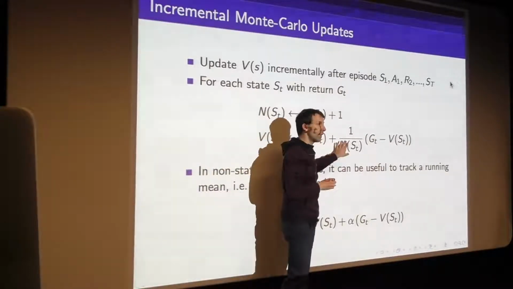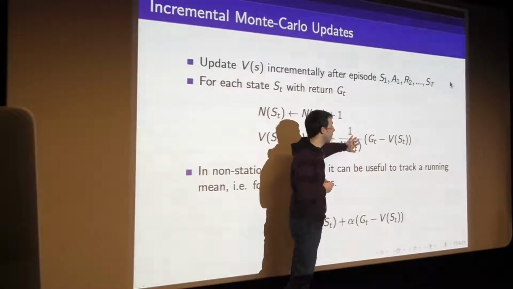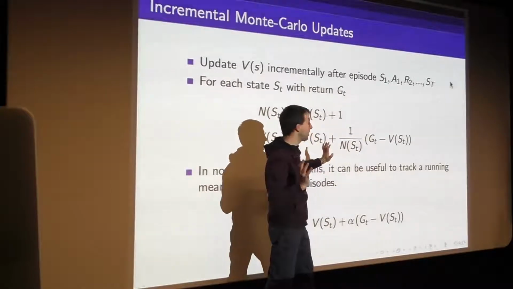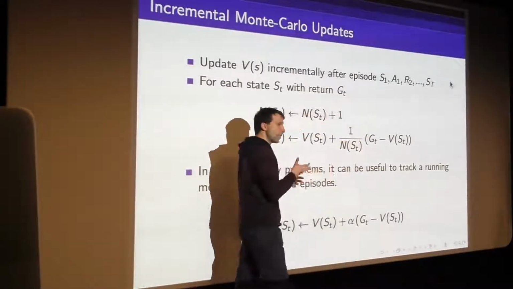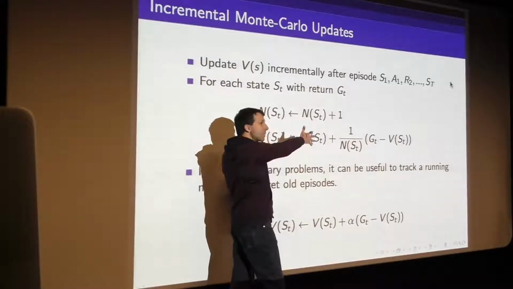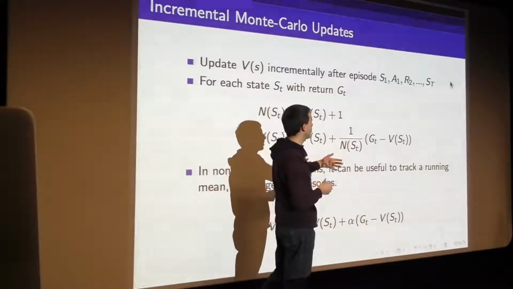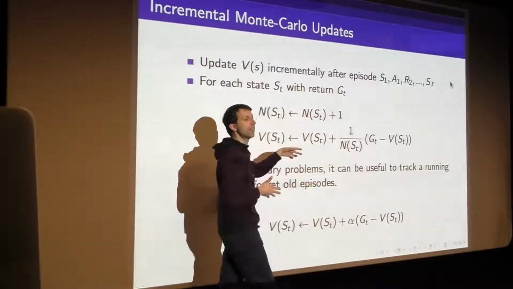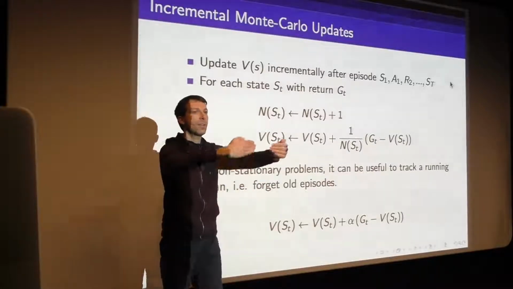The reason we're doing it this way is to show how this is going to develop towards other algorithms. We're going to replace this 1 over n by other quantities, and replace the target we move towards by other quantities. But we're doing exactly the same computation as before. Nothing has changed. It's just an incremental mean update, to put things in the form we're going to use later. So we're doing things episode by episode, incrementally updating our estimate of the mean.